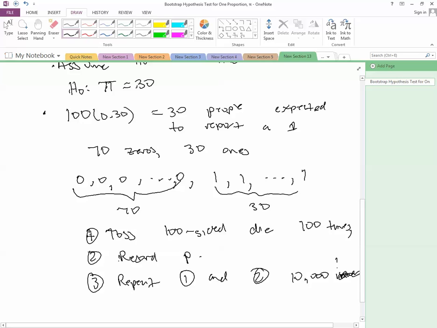So that basically I can see, because in some samples I might get 40 ones and 60 zeros. In another sample I might get 50 ones and 50 zeros. I just want to see what we would expect to be completely normal.